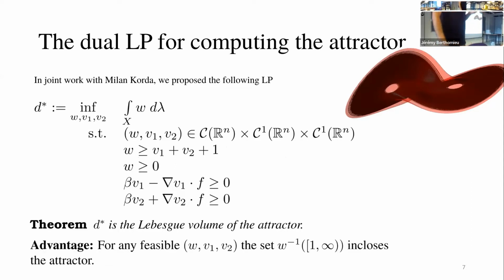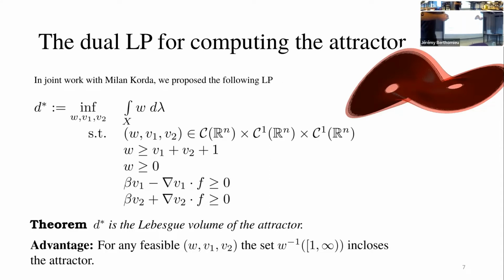But additionally, it has a nice qualitative feature, namely, whenever we take a feasible point, a triple that is feasible for this problem, then the super level set of the first component of this triple encloses the global attractor.